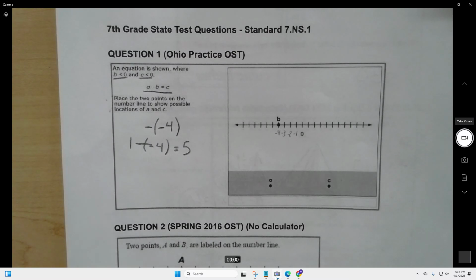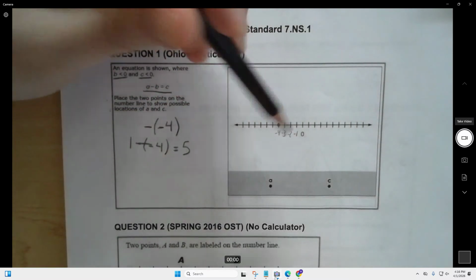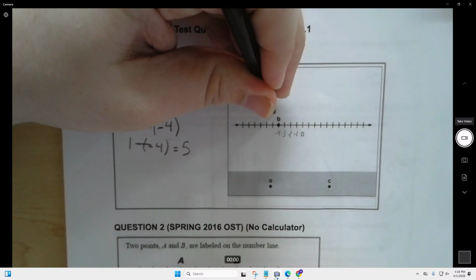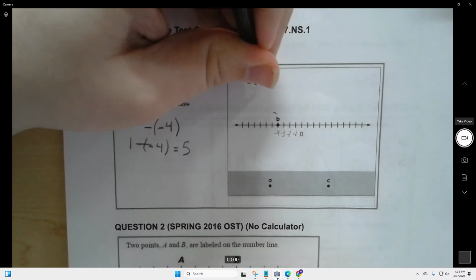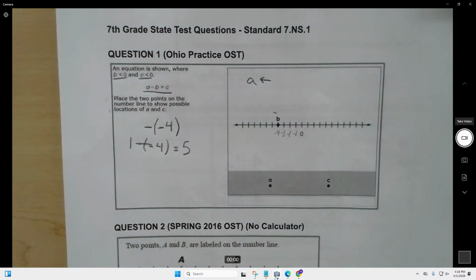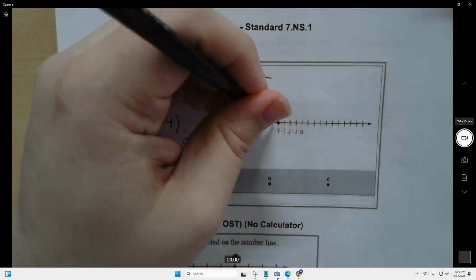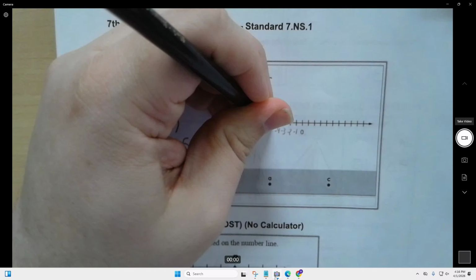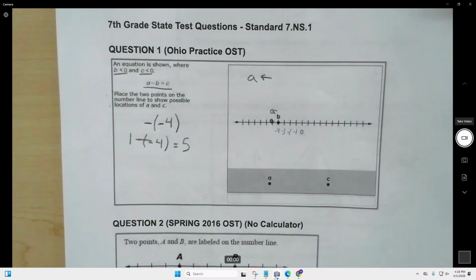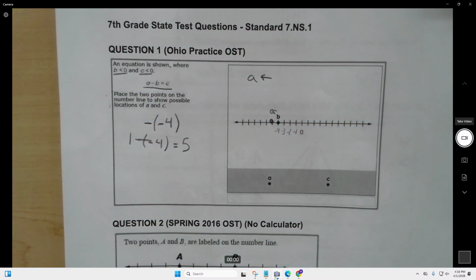So what you really have to do is make sure that A is placed to the left of B. A has to be to the left of B. The simplest way to do it is to place A directly to the left of B. So what happens if you put A directly to the left of B?